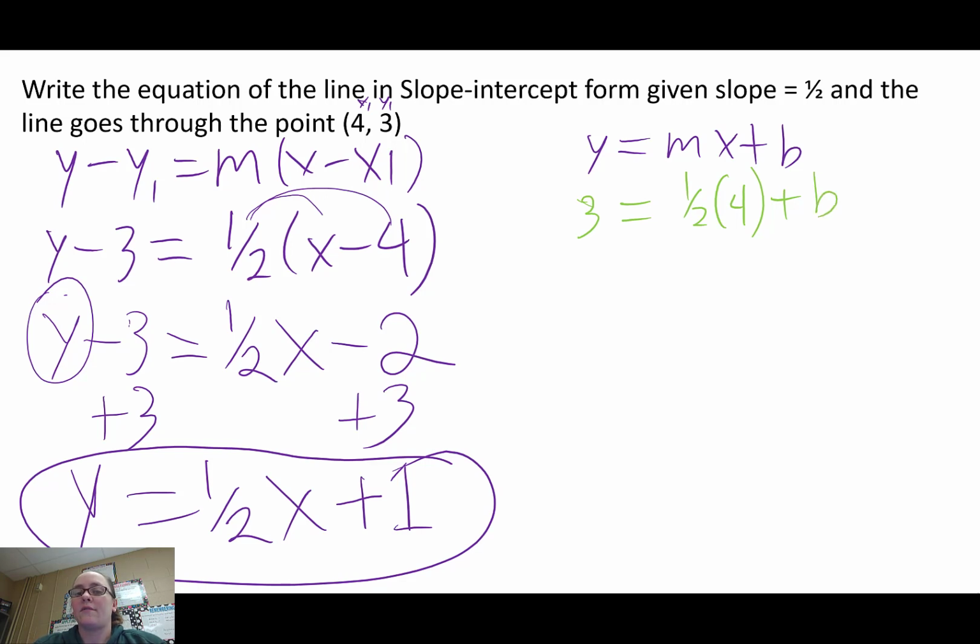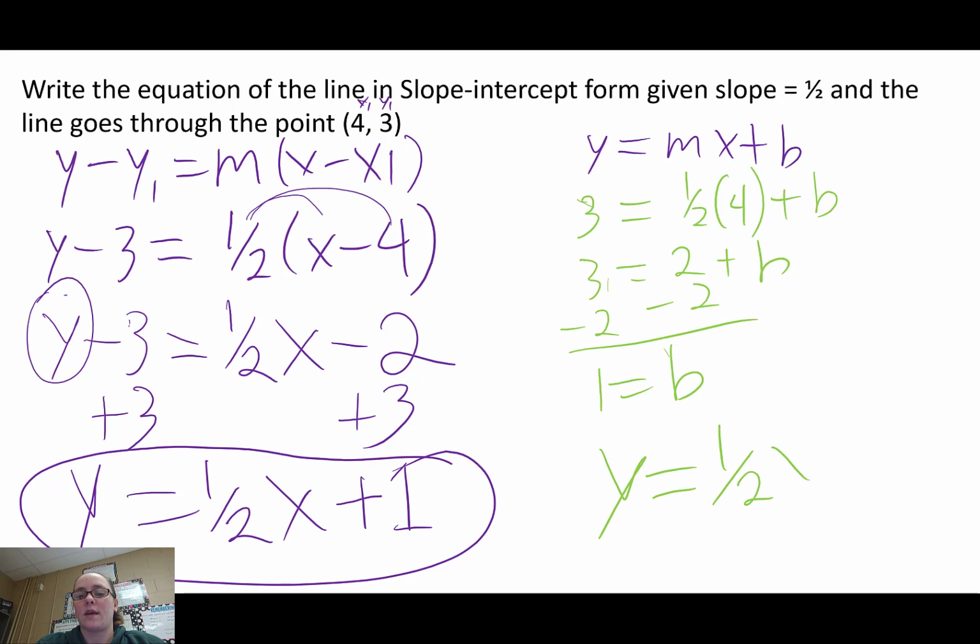Well, 1/2 times 4 is 2 plus b. Subtract 2 from both sides to solve for b, and we get 1 is equal to b, which would leave us with y equals 1/2 x plus 1. So either works. My preference is putting it into point slope form over doing it like this over here, but you can do either.